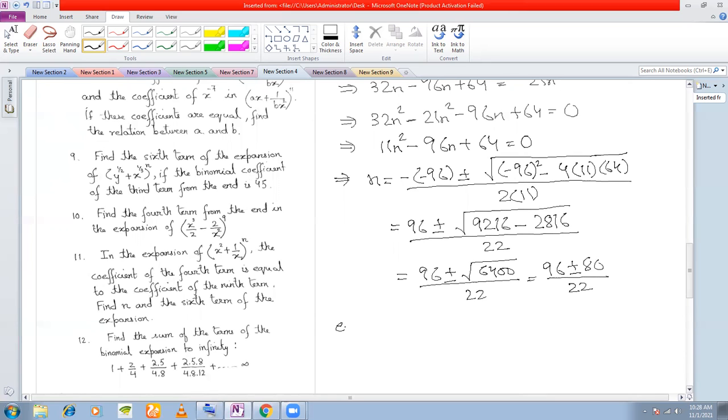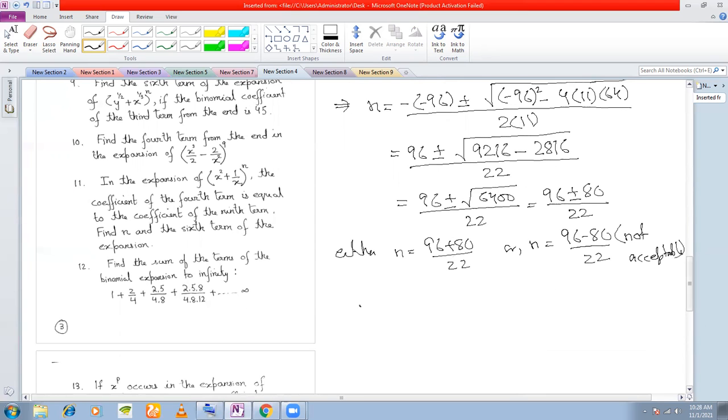That means either n is equal to 96 plus 80 by 22 or n is equal to 96 minus 80 divided by 22. Because n cannot be fractional, this is not acceptable. So therefore n is equal to 96 plus 80 divided by 22, which is equal to 8. So this is the value of n that you are getting.